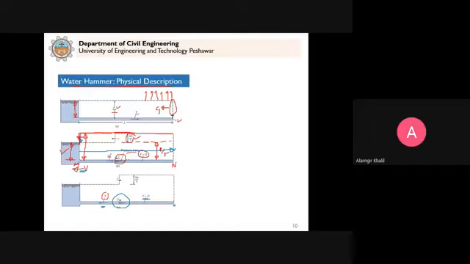As this pressure wave passes, the velocity will be in the reverse direction towards the reservoir, and as it passes, it will bring all the points to the normal pressure, P by gamma.